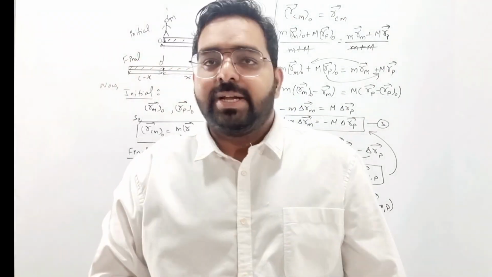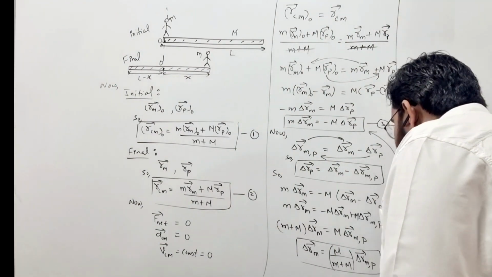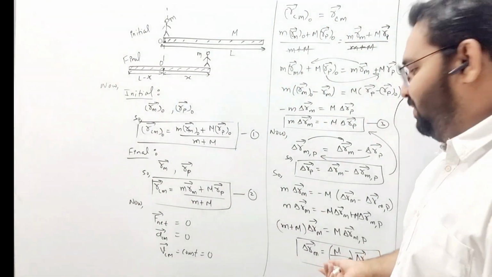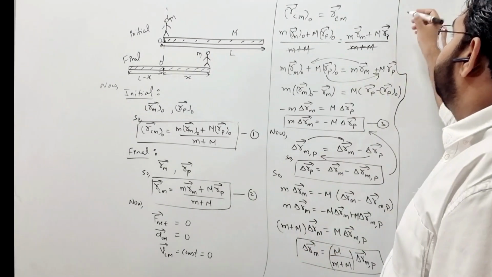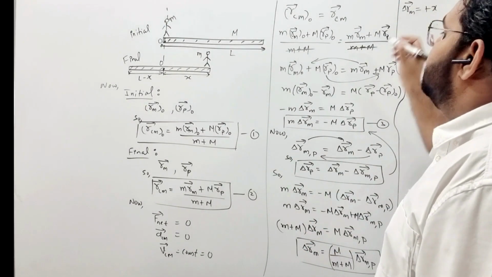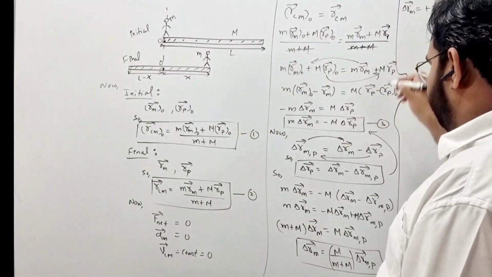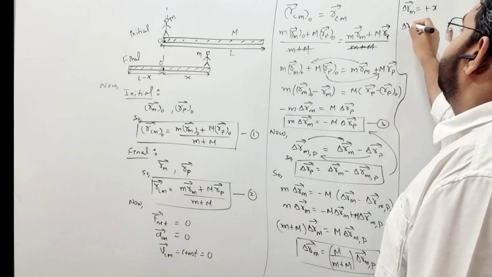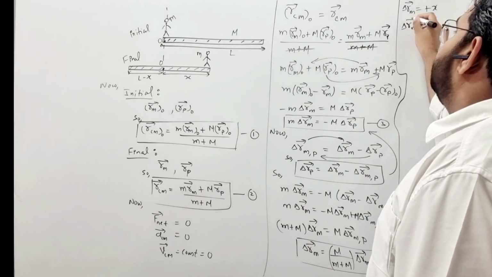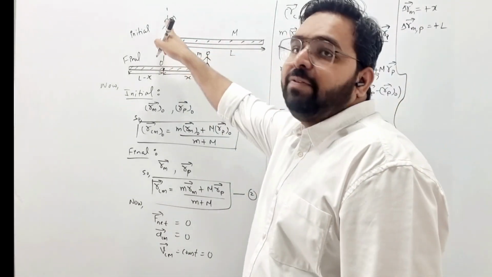If you look at the diagram, now we can know all of these. We already know all of these values. Delta Rm would be equal to plus x because the person is displacing x from its initial position. We also know delta Rmp, which is equal to plus L. With respect to the plank, the person is moving from one edge to the other.